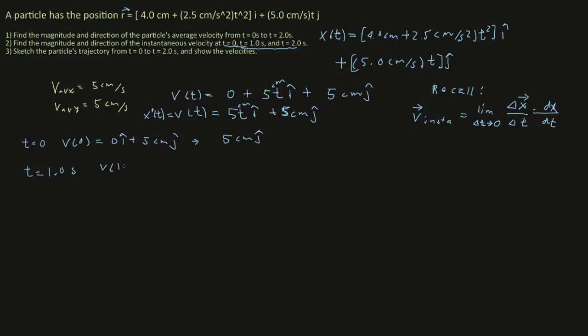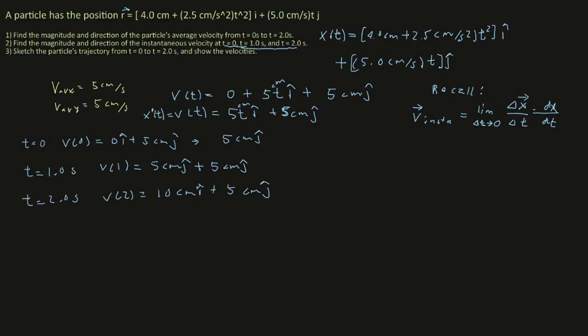So v of 1 equals 5 centimeters i plus 5 centimeters j, right? Okay, so when t equals 2 seconds, v of t is going to be 10 centimeters i plus 5 centimeters j.